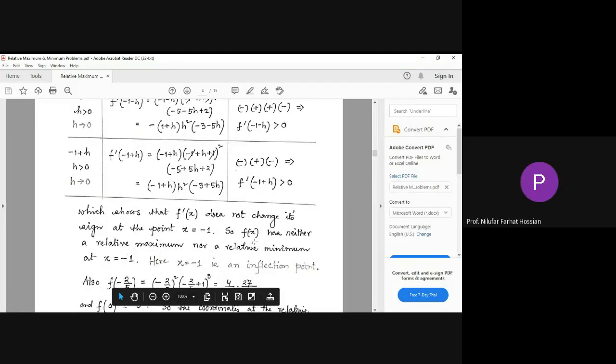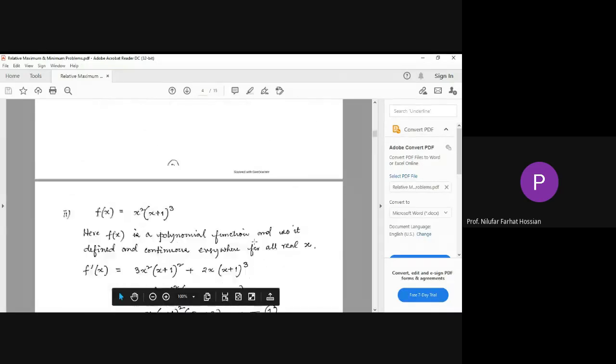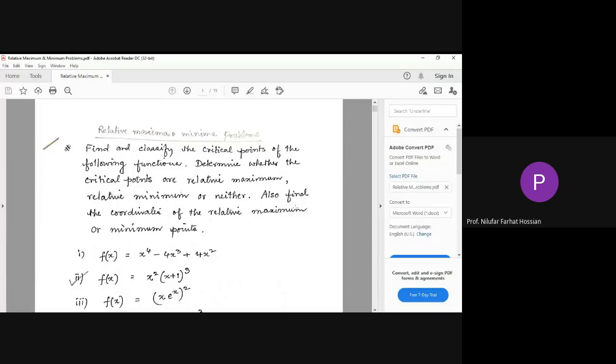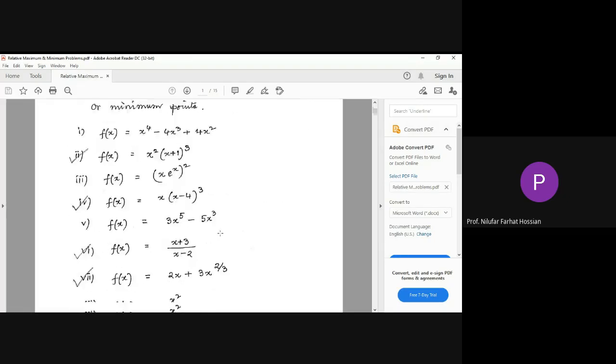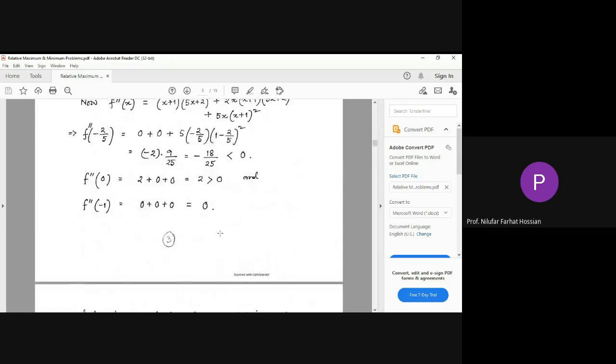This is a must because your question was what? Let us go back to the question. Yes. Also find the coordinates of the relative maximum or minimum points. So whenever in these maths you get a relative maximum or minimum point, you have to find the coordinates there. You see, when x equal to minus 2 by 5, there was a relative maximum.